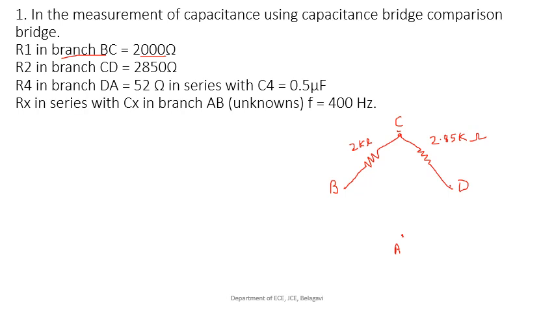Then next, they have given branch DA, that means here there is a capacitance with a resistance of 52 ohms. So this is 52 ohms resistance, and the capacitance is 0.5 microfarad.